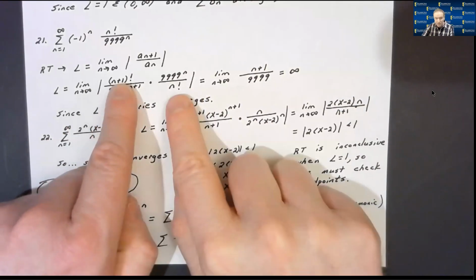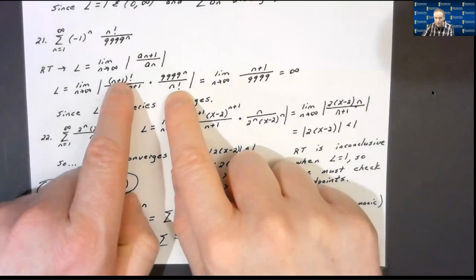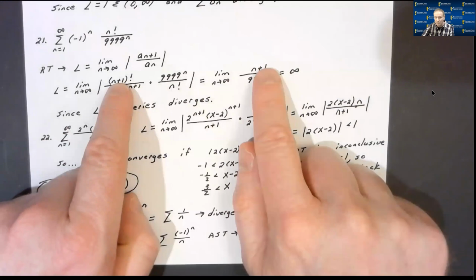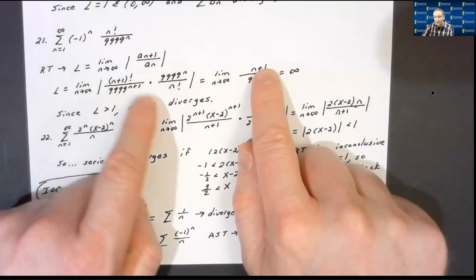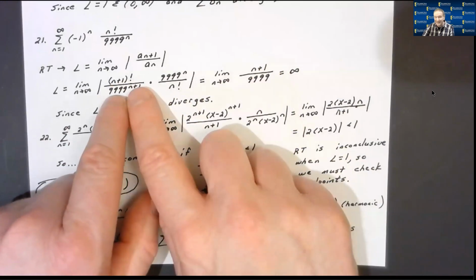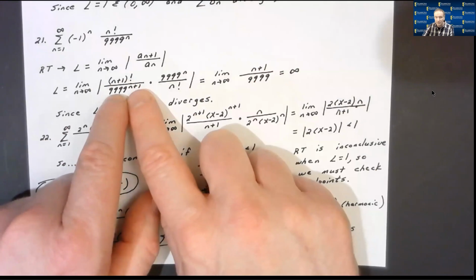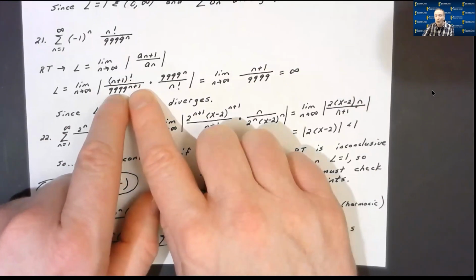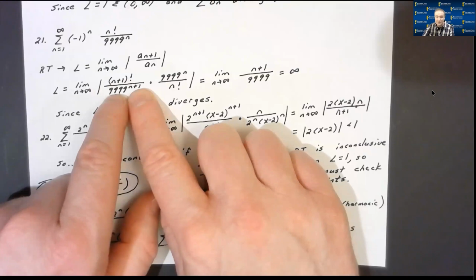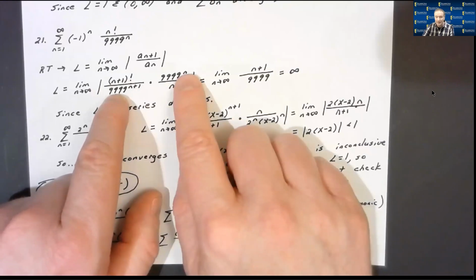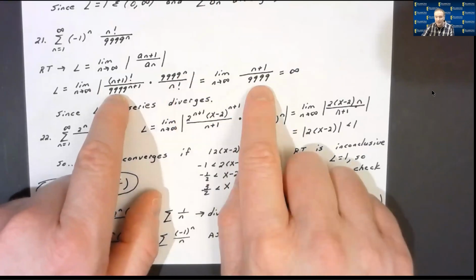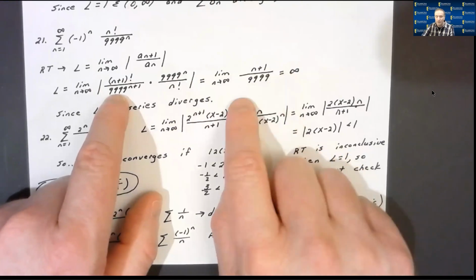So this n factorial cancels with almost all of this, except for the term n plus 1 itself. That's where that came from. Similarly, this 9,999 to the n plus 1, that means I just have one more factor of 9,999 than I had in the numerator. That's why my denominator has 9,999 to the first power.